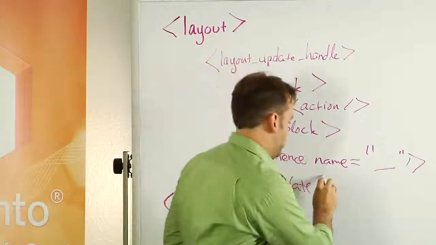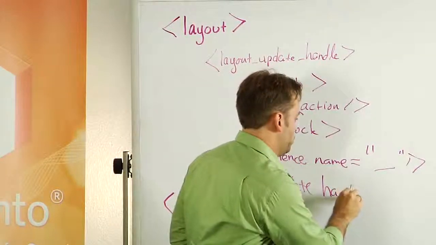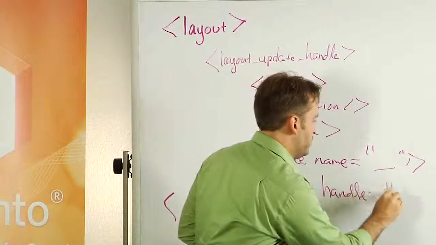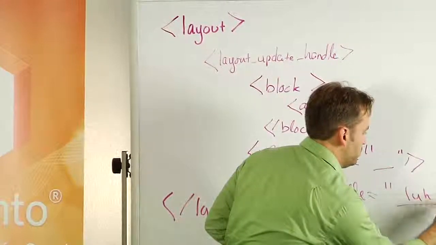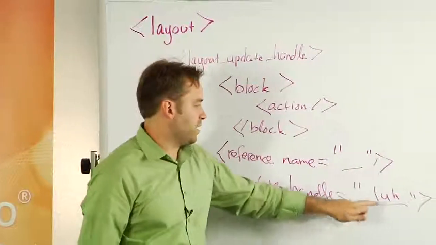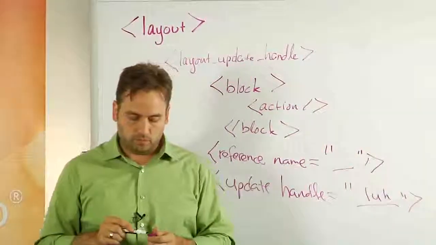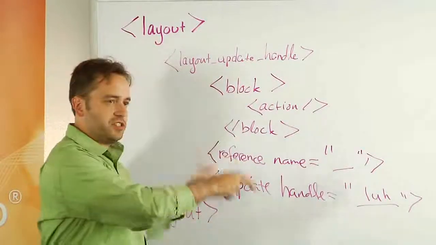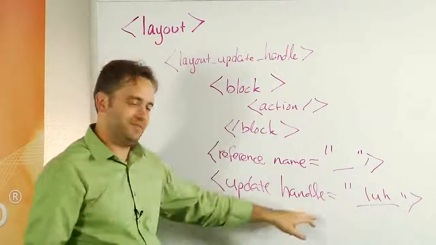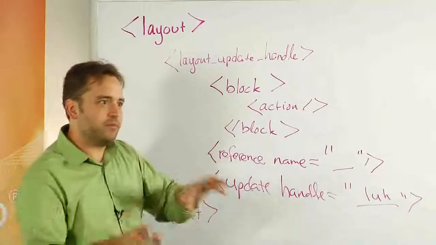Update takes an attribute of handle, and this is going to be some other layout update handle. So I can reference some other layout update handle, and basically that's just like an include. That's pretty cool. I'll be going over this some more.